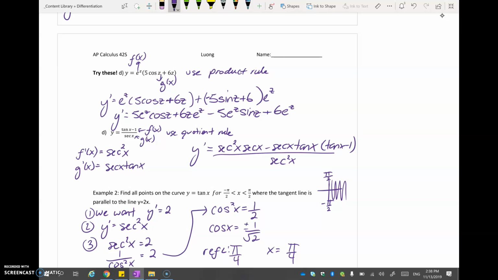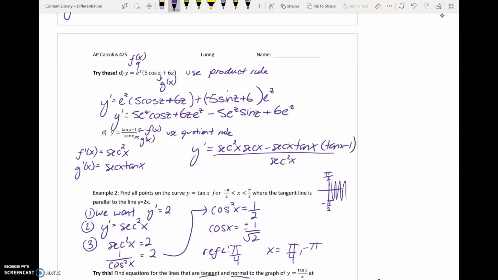So that means I only need 2 answers that would fit in this domain. Pi over 4 sits in the first quadrant. Negative pi over 4 will sit in the fourth quadrant. So those are my only 2 answers for x. And then we're done. So take a note. Remember about the domain.